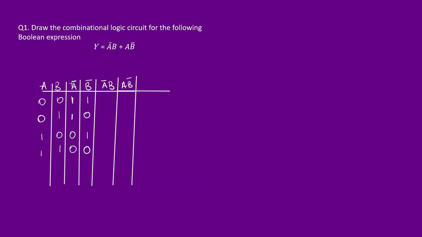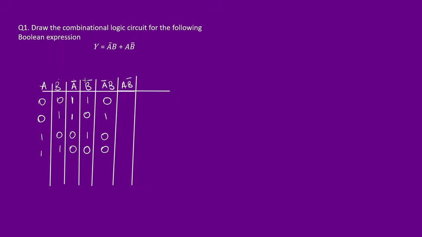So now I'm doing not A and B. Recall the AND operation is only high when both inputs are high. So not A and B are not both high, so this is going to be low. These are both high, so this is going to be high. These are both low, low. Only this is high, low, because it's the AND operation.